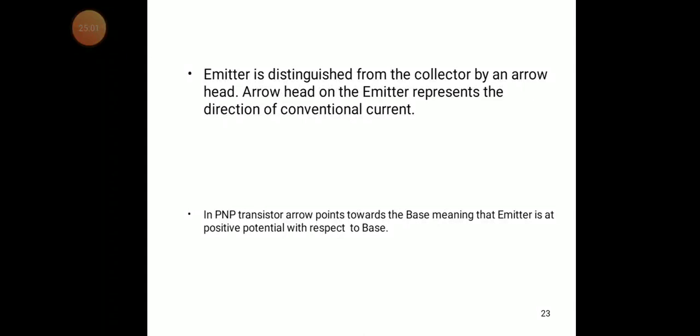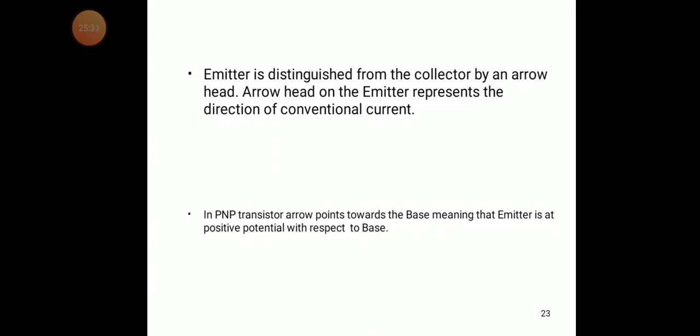So the emitter is distinguished from the collector by an arrow. By using the arrowhead, we distinguish the emitter from the remaining two. The arrowhead on the emitter represents the direction of conventional current, so it not only identifies the emitter, it also indicates the conventional current direction.